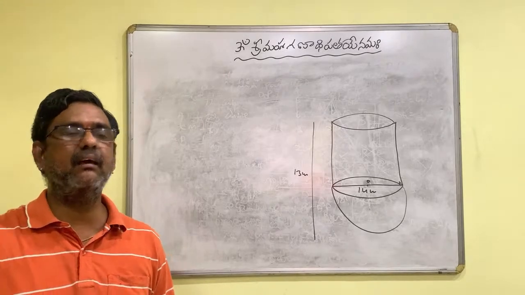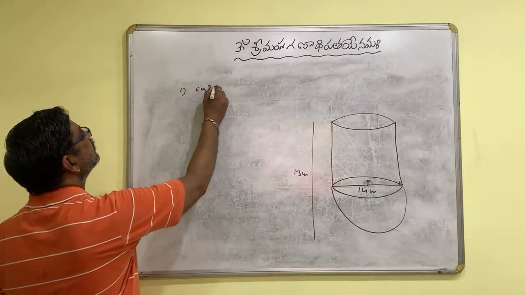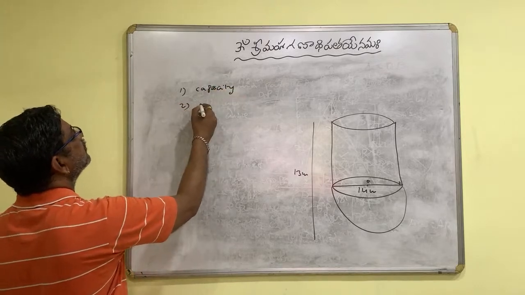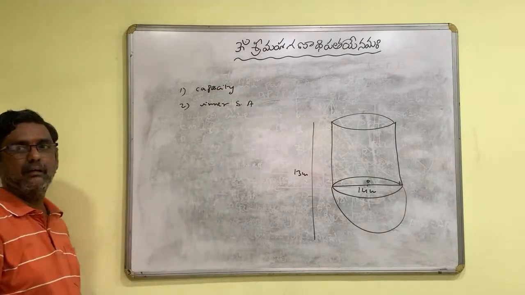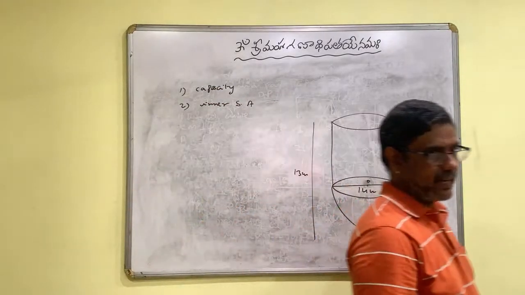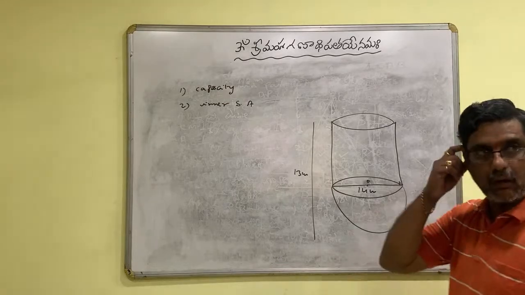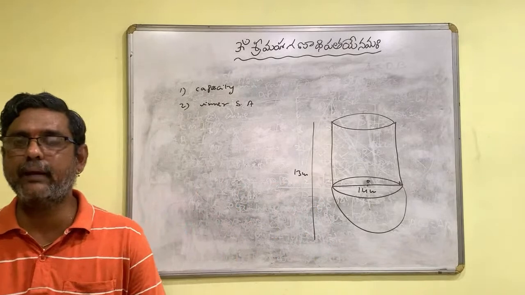Now what is being asked? First one, capacity. Second one, inner surface area. What to do now? How to find capacity? Anyone?